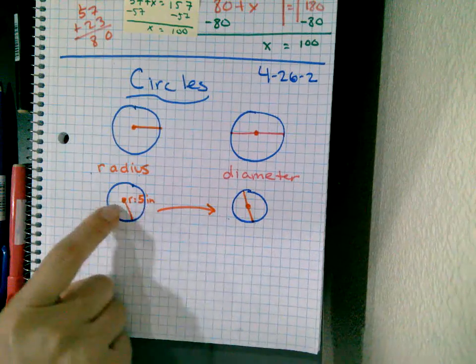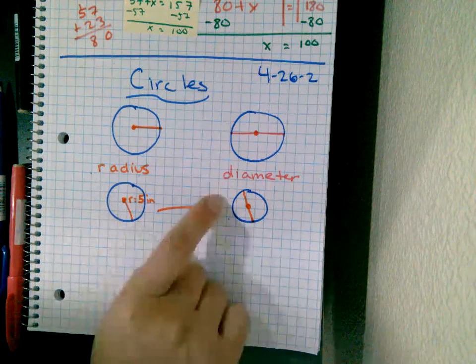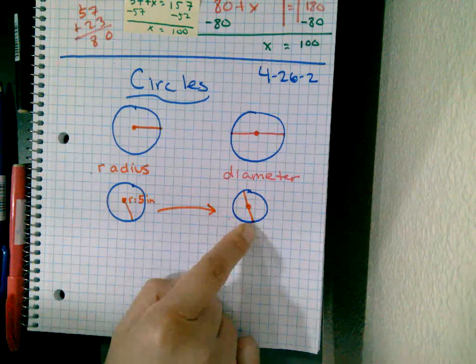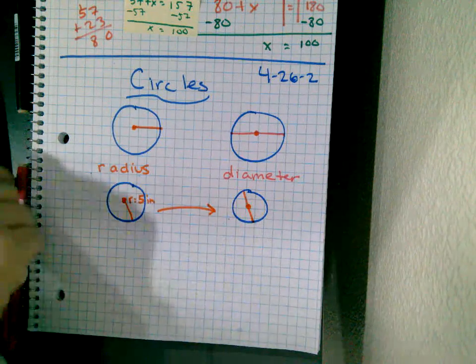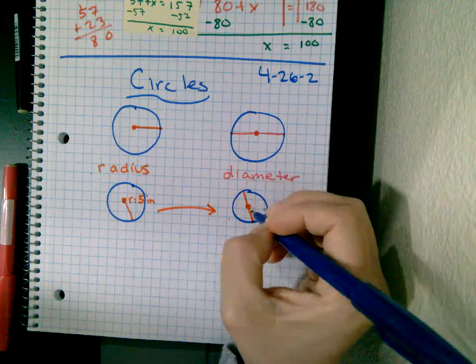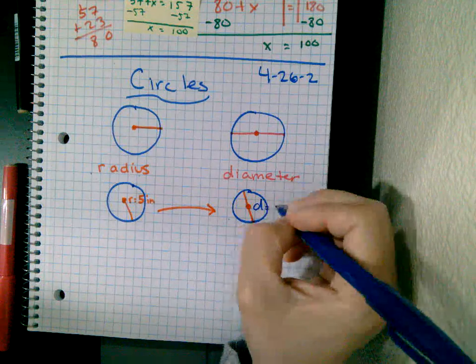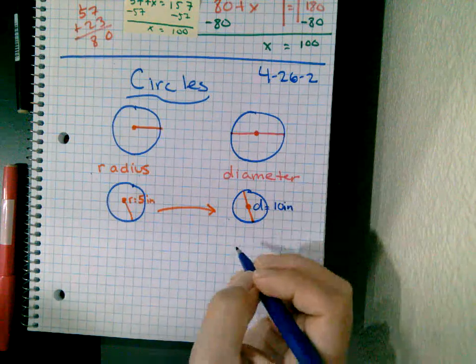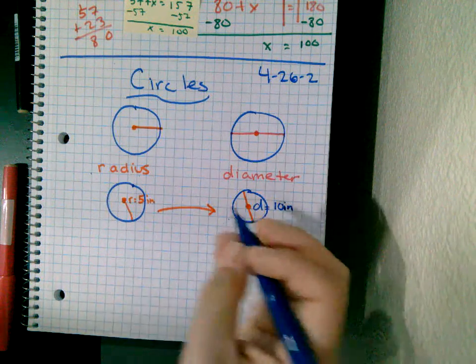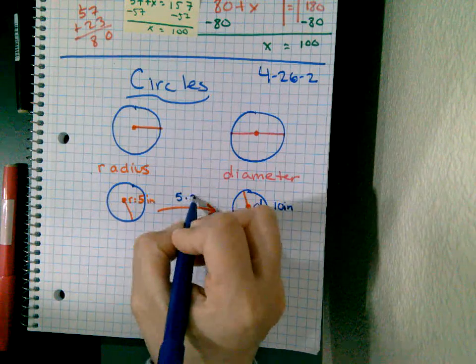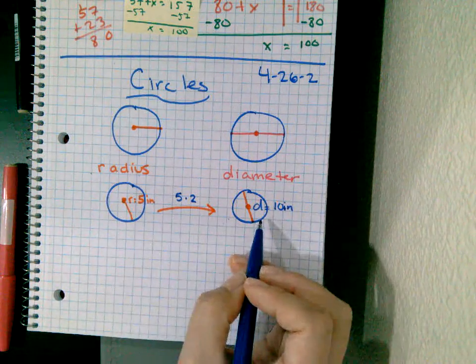So the radius is 5 inches, so that's half of the line. If I drew the whole line like so, what would the diameter equal for this circle? 10 inches. Yeah, exactly. You would take 5 and multiply it by 2 because it's double in size.